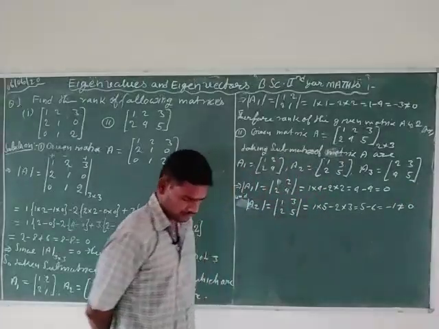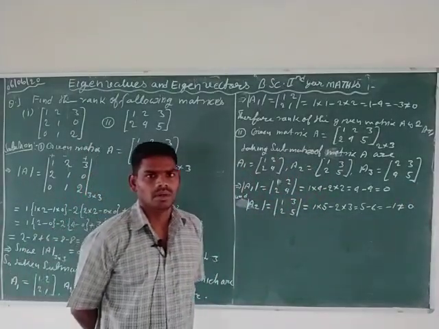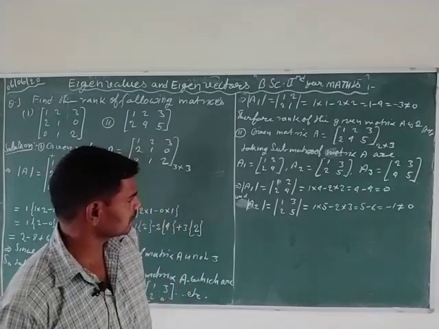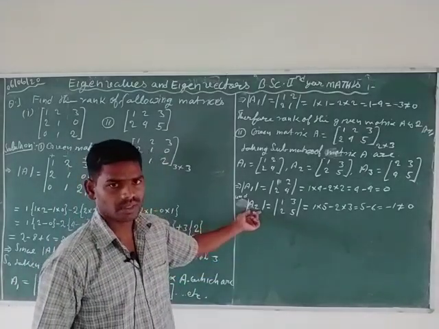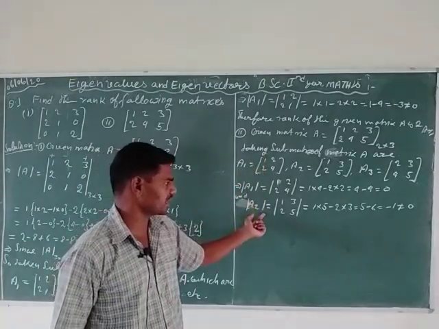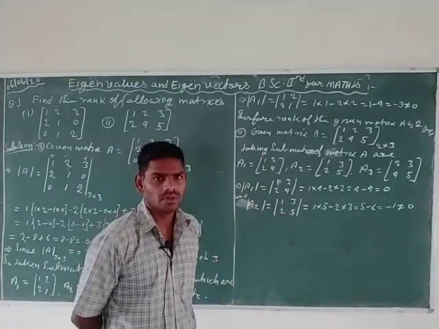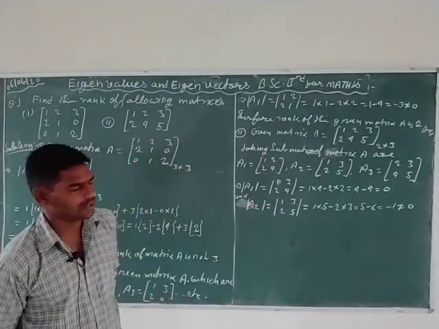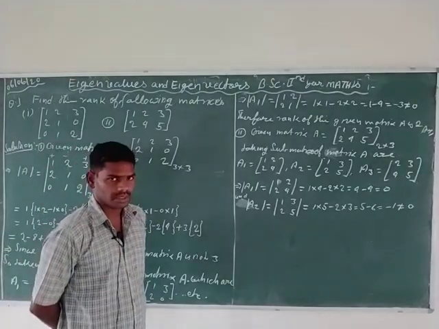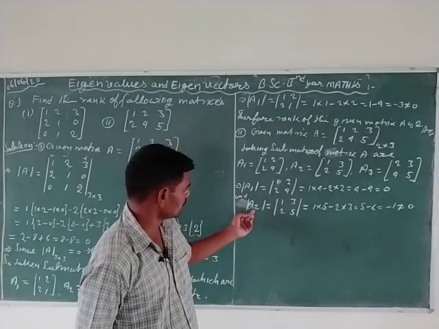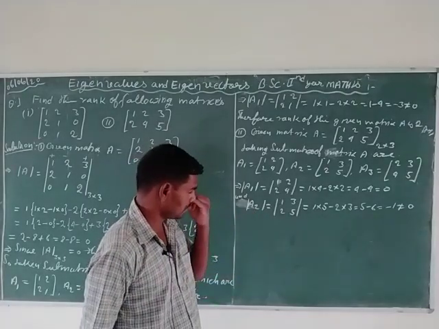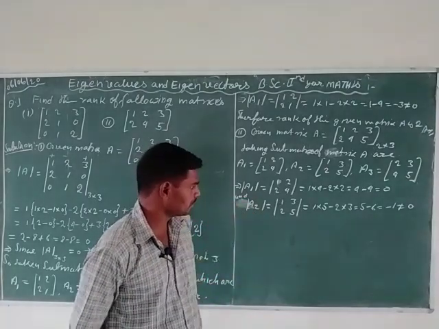So according to the definition of rank of a matrix, at least one submatrix of the given matrix, which is A2, has a determinant not equal to 0.